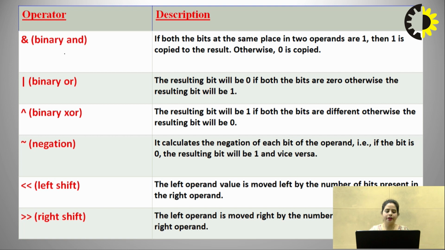These are your bitwise operators: AND, OR, XOR, negation, left shift and right shift. We already taught about AND, OR and NOT, but those were the logical AND and logical OR, while here we are teaching about binary or bitwise AND and bitwise OR.